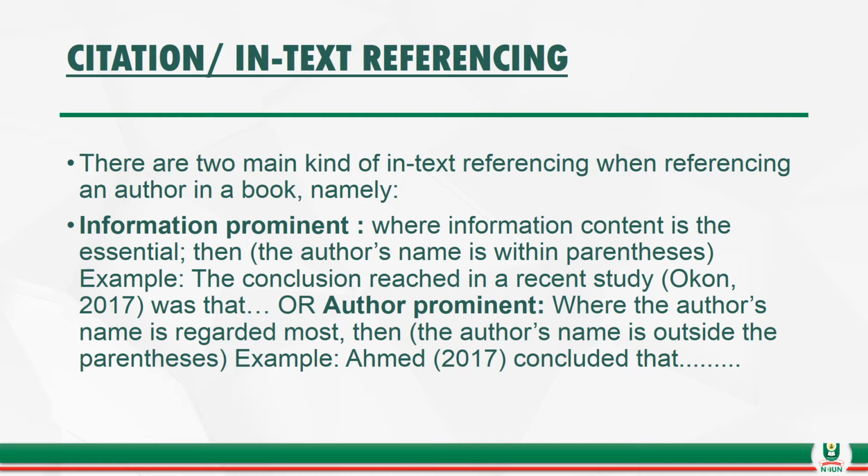In this example, we have Ahmed on its own, that's the author's name. Then in parentheses, the bracket, we now have the year of publication, which is 2017. Whereas in information prominent, both the author and the year of publication are within the bracket, the parentheses. So this is the difference between the two types of citation or in-text referencing, when you are referencing an author in a book.